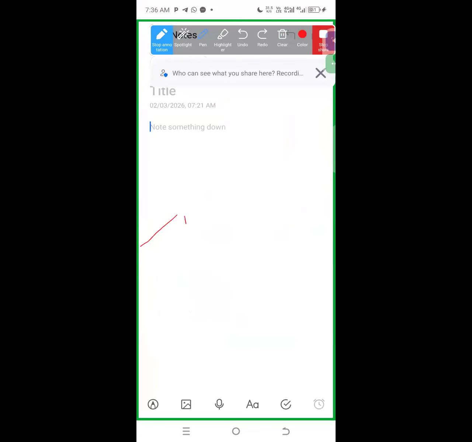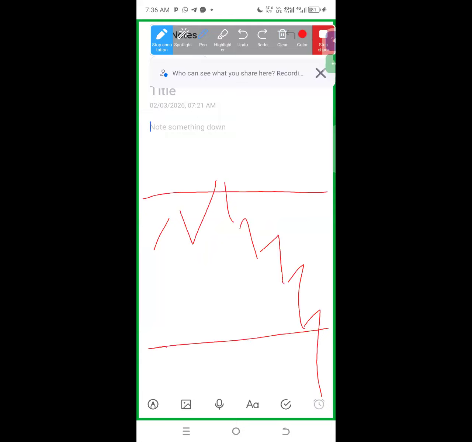Let me draw the market or chart. Good. Now let me spot out our support zone and the resistance zone.